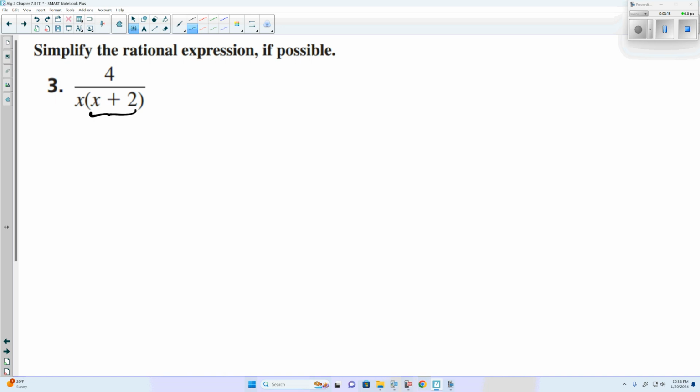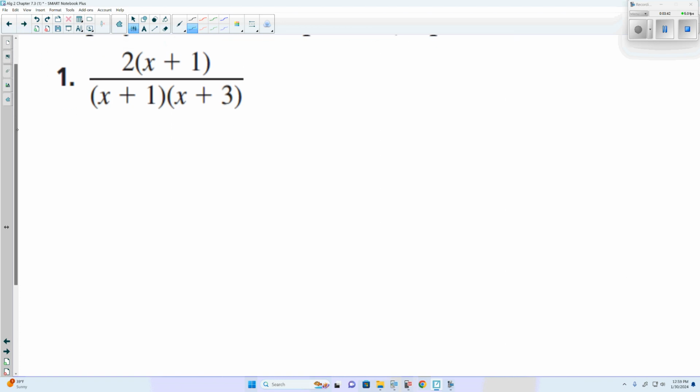So we can't just simplify the 4 and 2 out. So incidentally, this is already in simplified form. It's as simplified as it gets. So we really can't do anything with this one here.